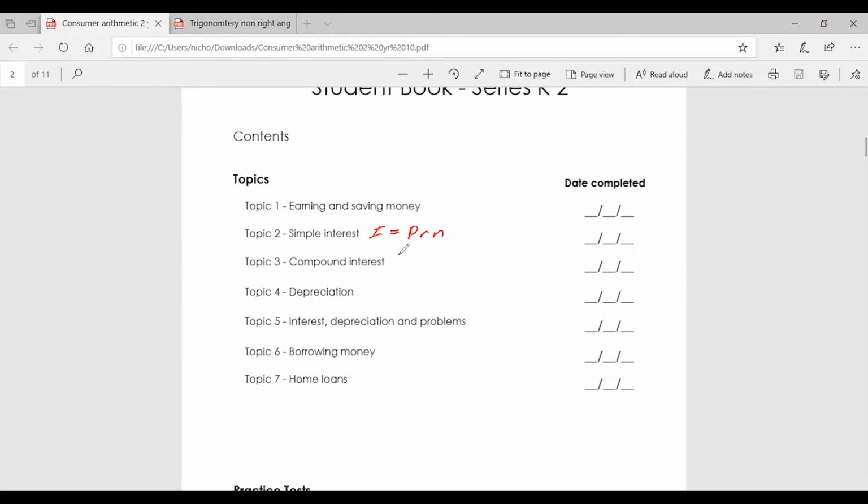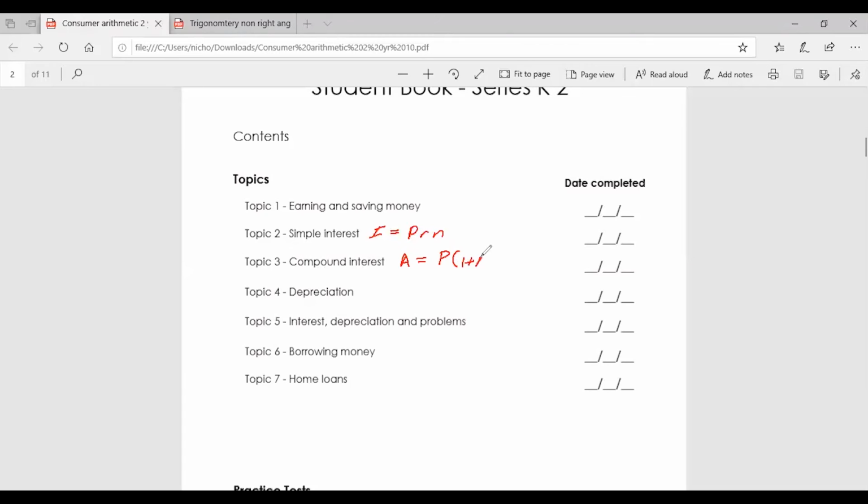And what about compound interest? What's the compound interest formula? A equals P bracket 1 minus R? Not 1 minus, that's for depreciation.